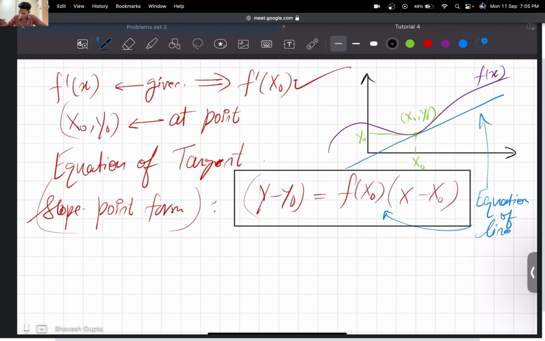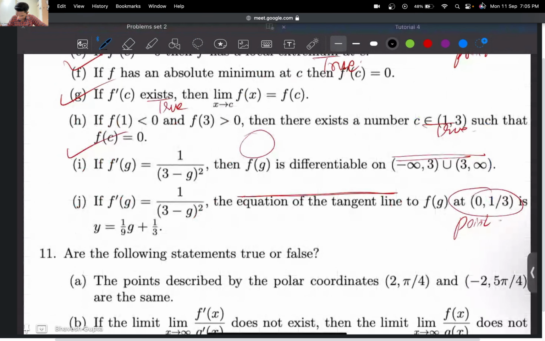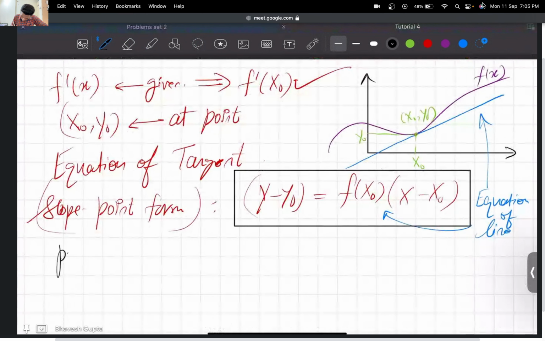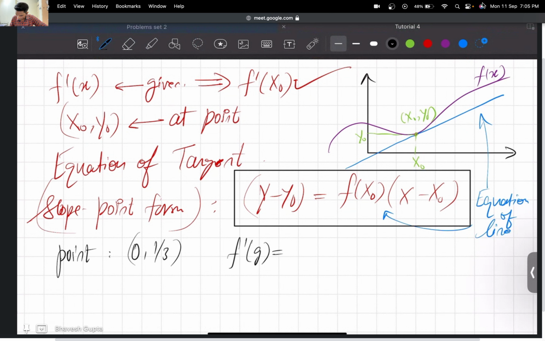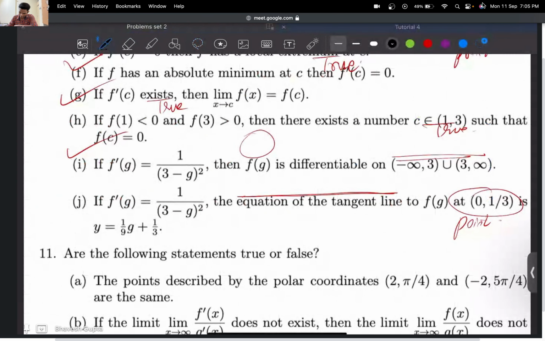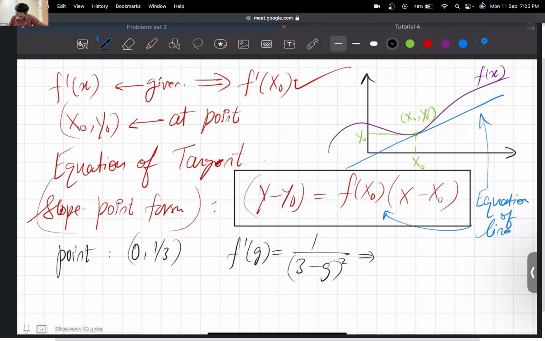You can just apply this on the given problem. The given point is 0 comma 1 over 3, and f dash of g is given to me as 3 minus g whole square. Then f dash of 0 turns out to be 1 over 9.